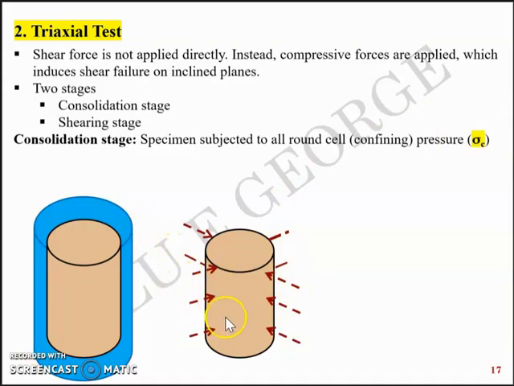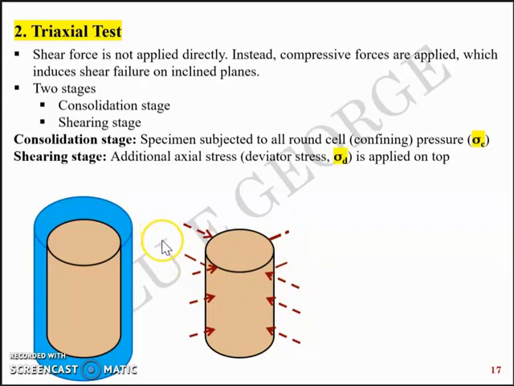So in the consolidation stage, there's an overall confining pressure applied onto the soil sample, and in the shearing stage, an additional axial stress, which is called a deviator stress, sigma D, is applied on top, like this. So earlier you had an overall confining pressure, where the soil sample was subjected to water pressure throughout the circumference and also the top and the bottom, and in the shearing stage, an additional stress, sigma D, is applied on the top.